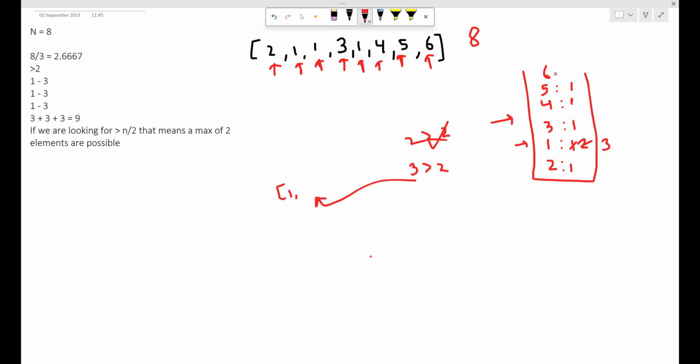No, it doesn't. I will insert this and I'm done. So we are done with the occurrences, and while inserting or checking each element, we check the occurrence. If it is more than n by 3, that is here 2, we insert it in an array, and once the iteration is done, we can return the answer.